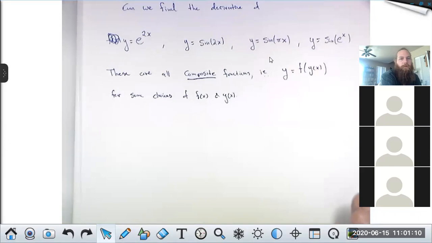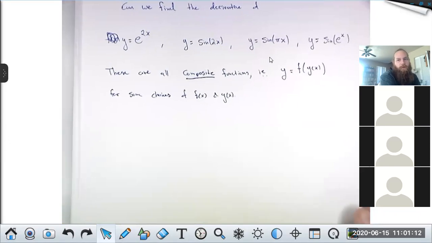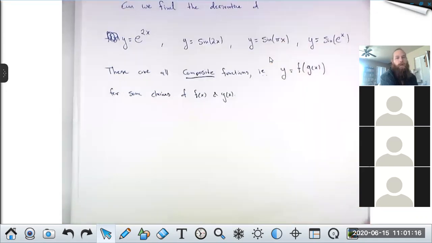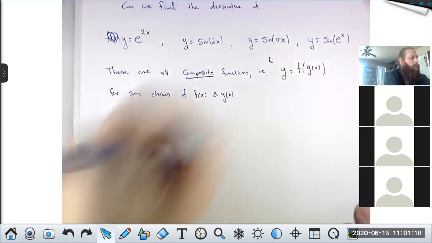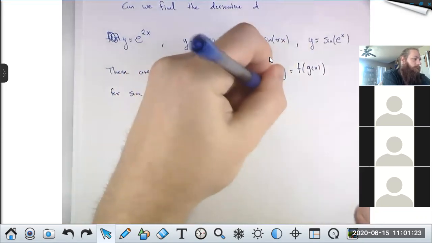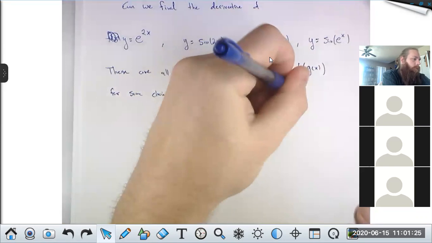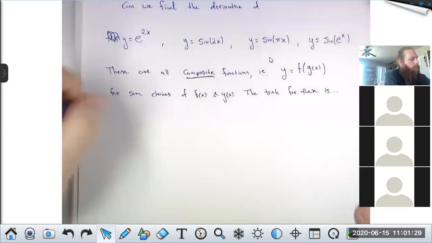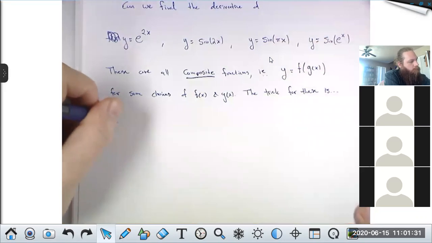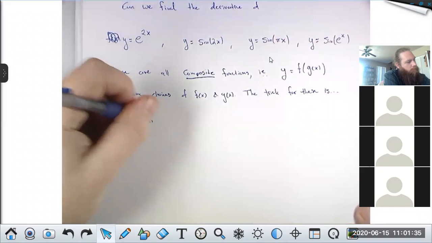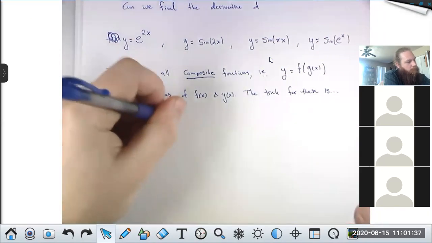So the trick to differentiating composite functions is the chain rule. Some of these we can get around, but some of them we need the chain rule.